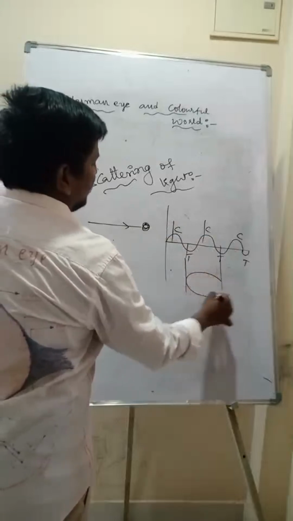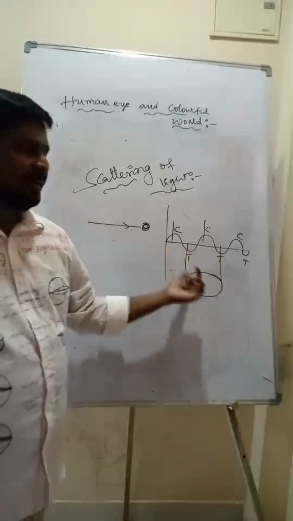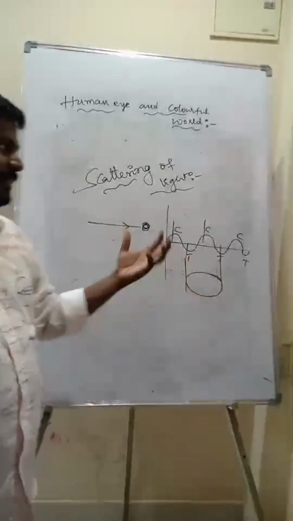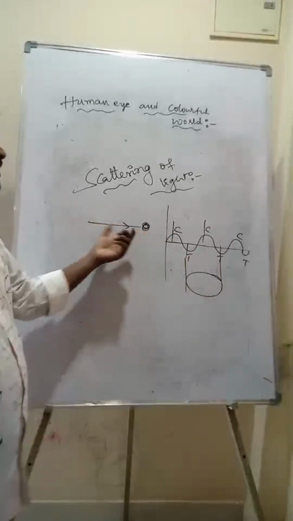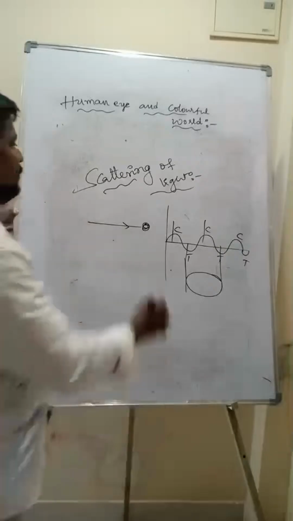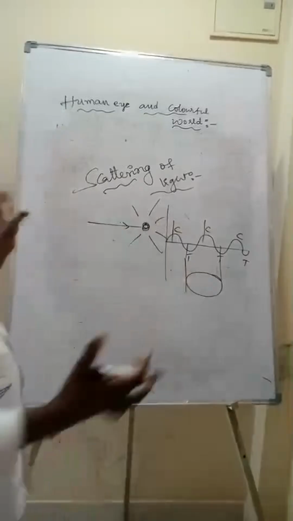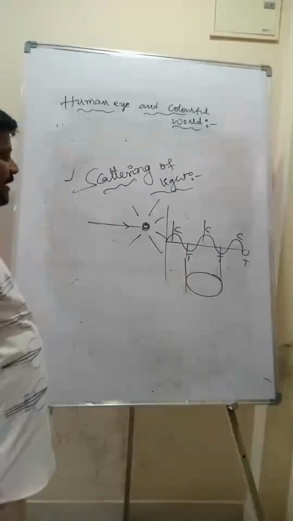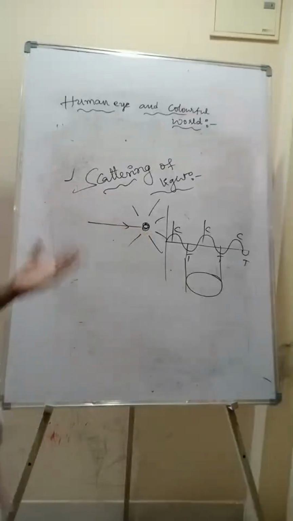If the size of the particle is comparable or almost equal to the wavelength of the light, then this particle will absorb the light and re-emit it in different directions. The re-emission of light in different directions with a different intensity is called scattering of light.